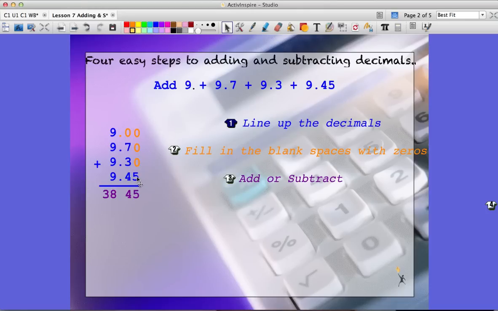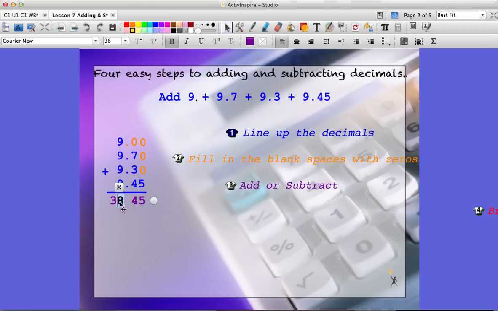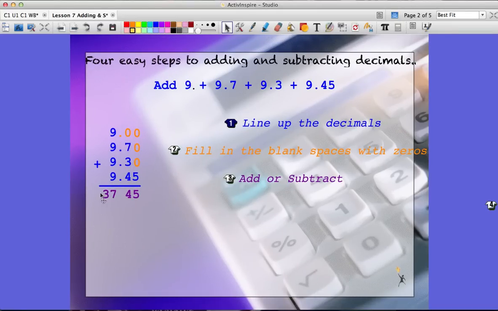When I add, I get 5 plus all the zeros is 5. 7 plus 3 is 10, plus 4 is 14. 4, carry the 1. 9 plus 9 plus 9 plus 9 is 36. So this should actually be 37. I apologize. Okay, so now we have our addition completed.